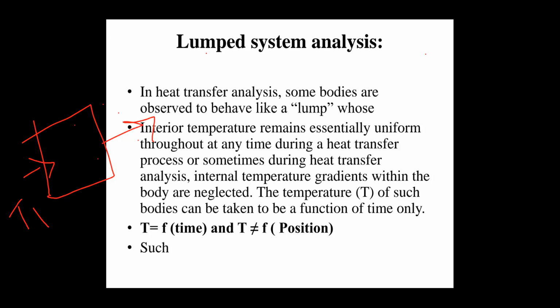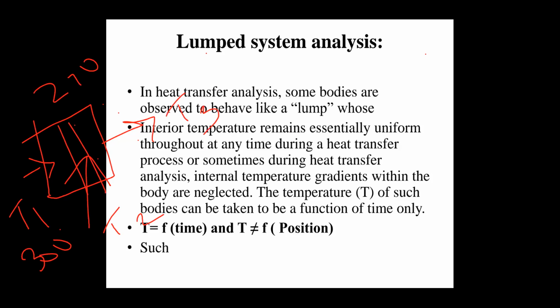In this area the temperature should be reduced, so that is T2. T1 is a 300 degrees Celsius input temperature. In this area 270 degrees Celsius, and T3 becomes 250 degrees Celsius. And at this point it becomes 280 degrees. So the temperature should change at every position.